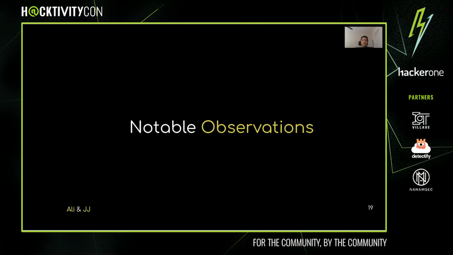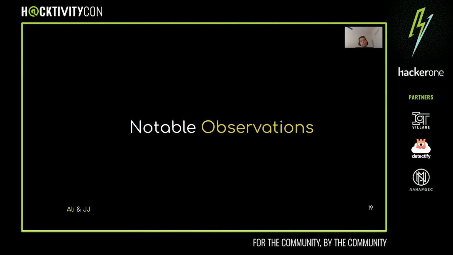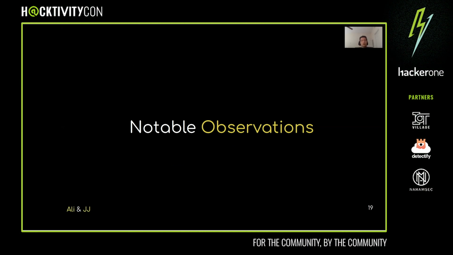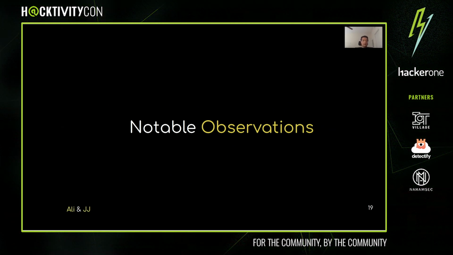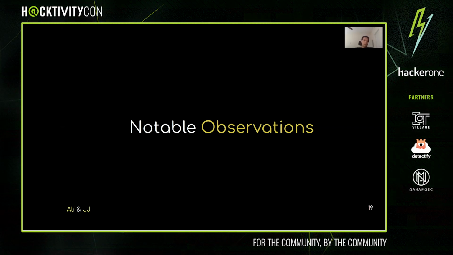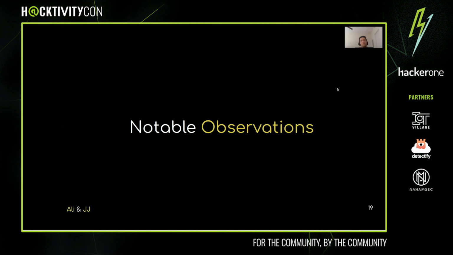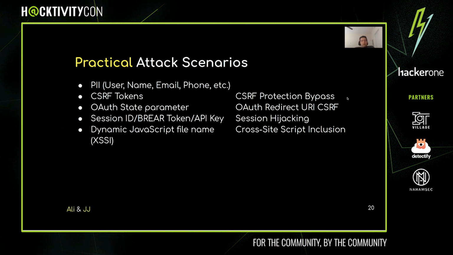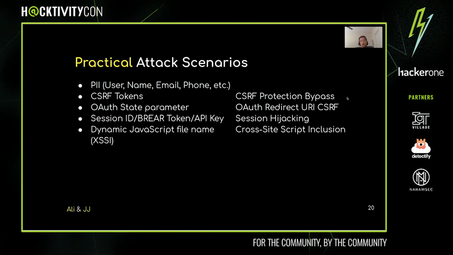Besides the scale analysis, we discovered lots of different enabling factors besides the web cache deception exploitations. And in this part of the presentation, we are going to share the notable observations we had during the scale analysis of web cache deception. Besides the effectiveness of path confusion, we noticed that web cache deception is mostly known as a technique that can disclose sensitive information and PII.